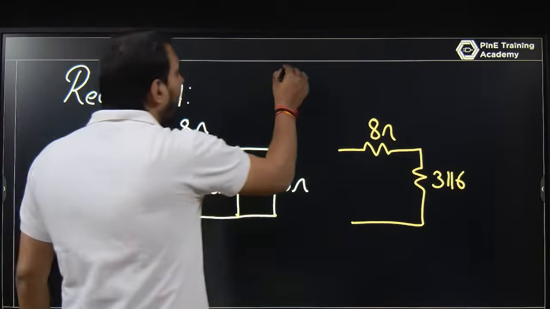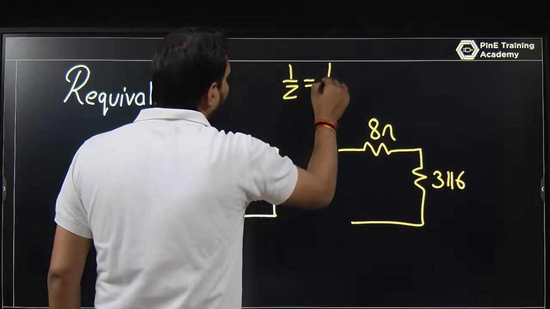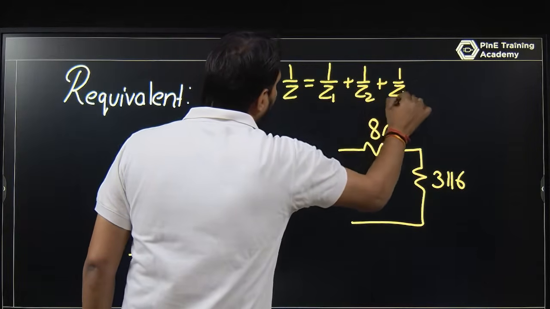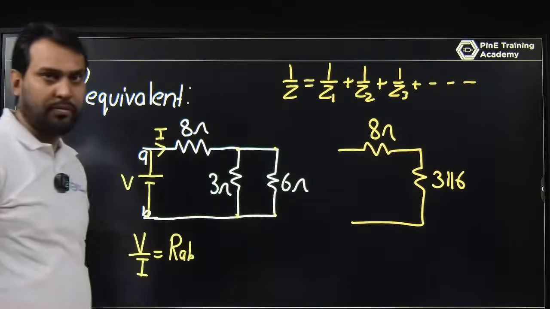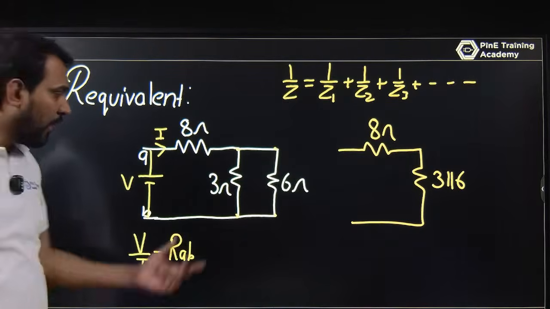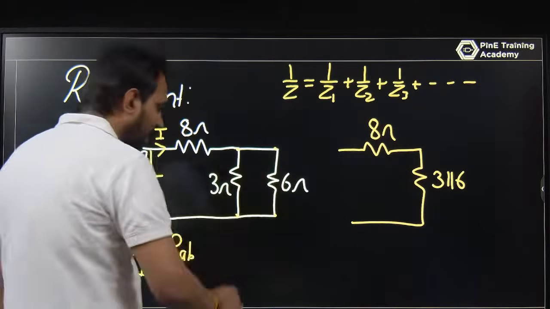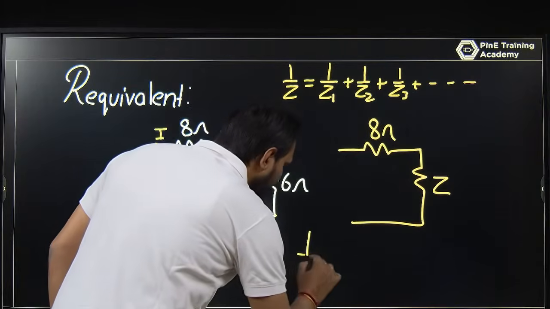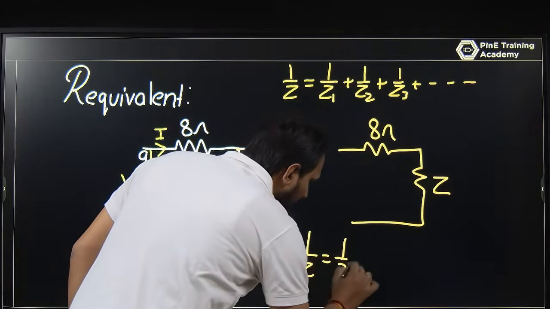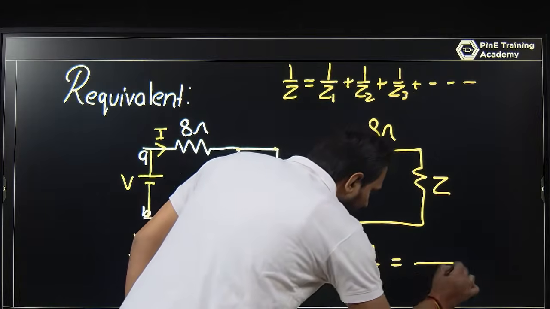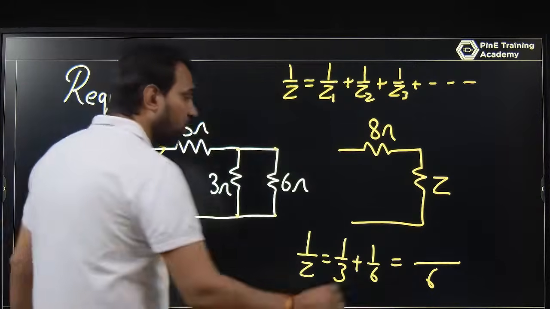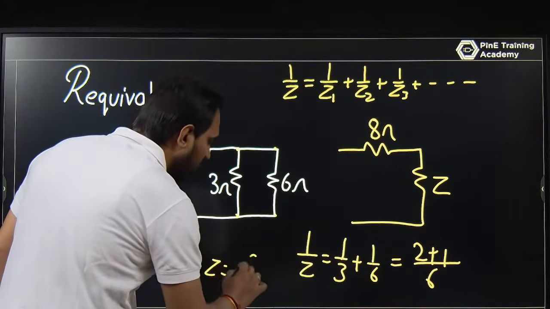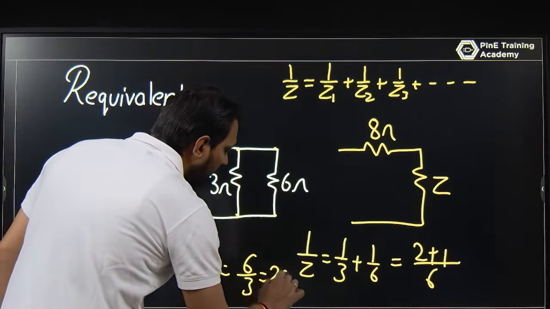Whenever you have a parallel, I use 1 by Z is equal to 1 by Z1 plus 1 by Z2 plus 1 by Z3 and so on. If 3 and 6 are in parallel, let this value be Z. So Z is equal to 1 upon 3 plus 1 upon 6. Taking the LCM, which is 6, 3 twos are 6 and 6 ones are 6. So Z is equal to 6 by 3, that is 2 ohm.